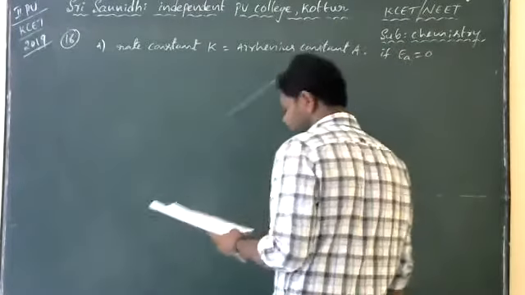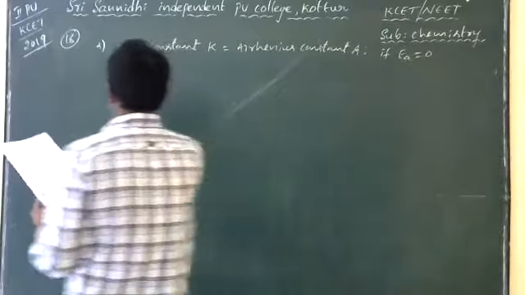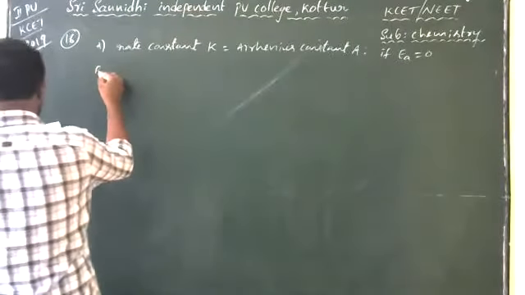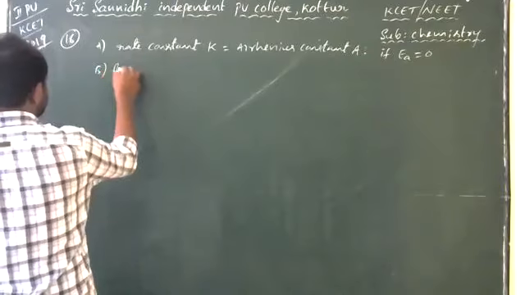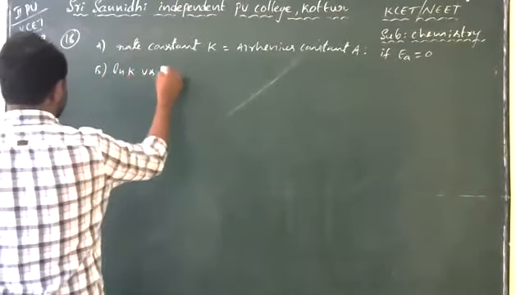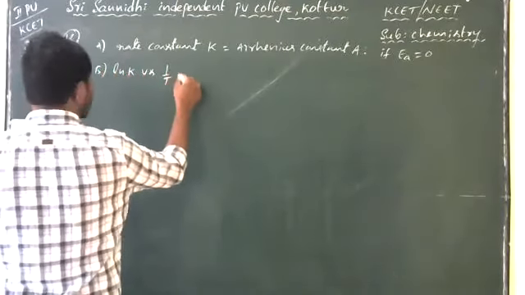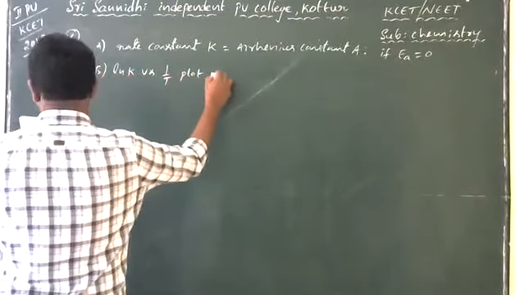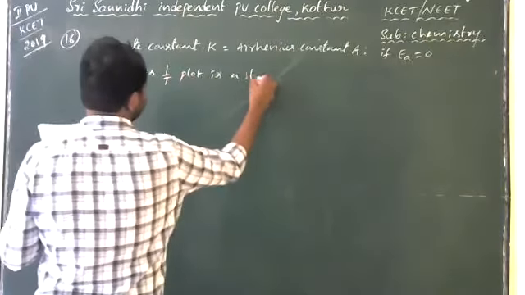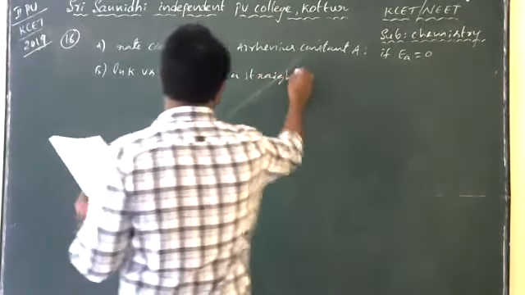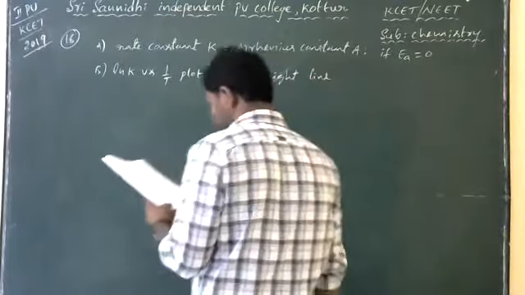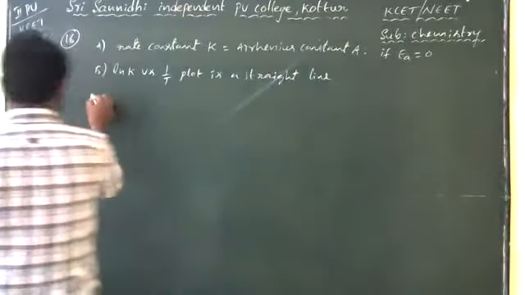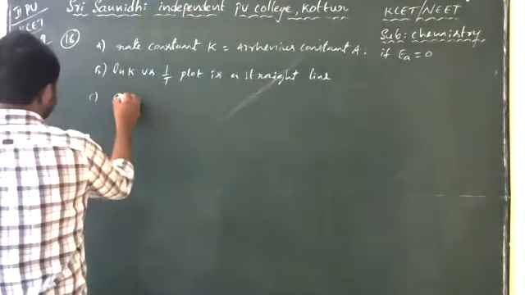Then option B: ln K versus 1 by T plot is a straight line, which is a right statement also.